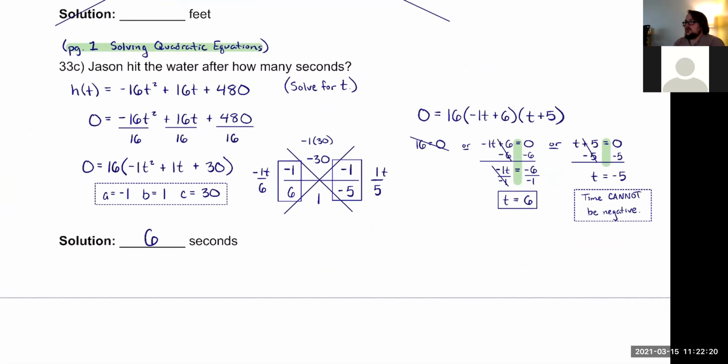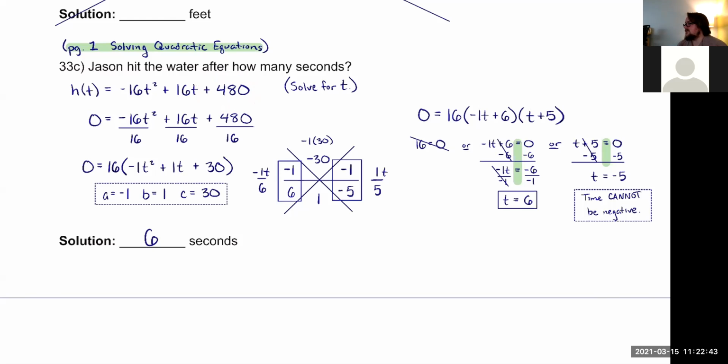Which, for those out there who are extra bright, that's a long time, and Jason is probably no more. Because if you were to actually pick apart this function, there's a little trick that the constant is his position before his jump. So he was 480 feet up.